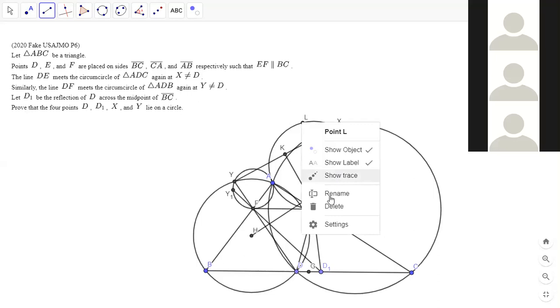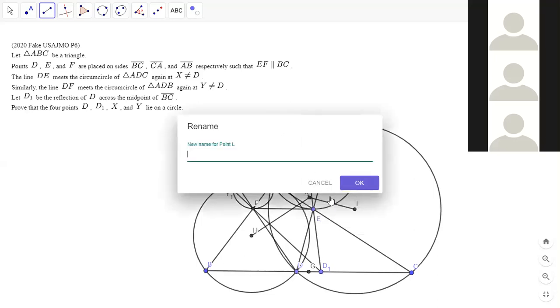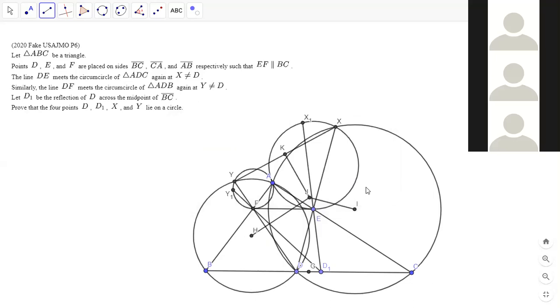So angle AXE equals AXD is ACD, which is AEF. Okay, so EF is tangent to both circles from that angle chase.